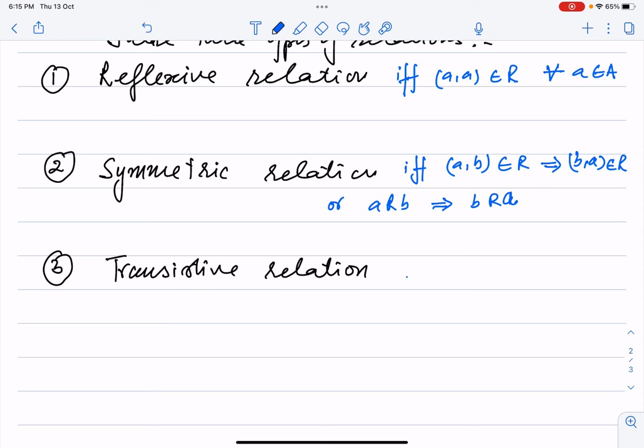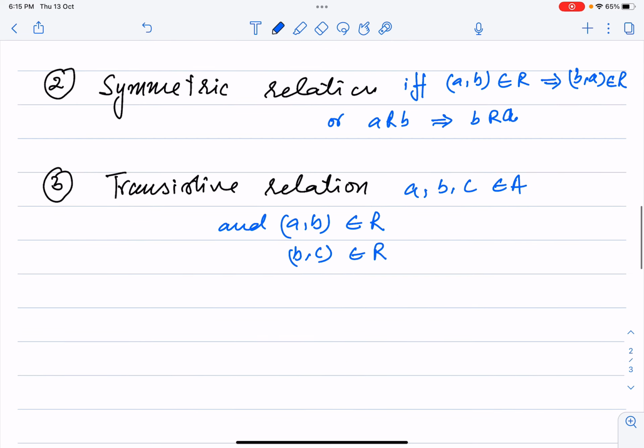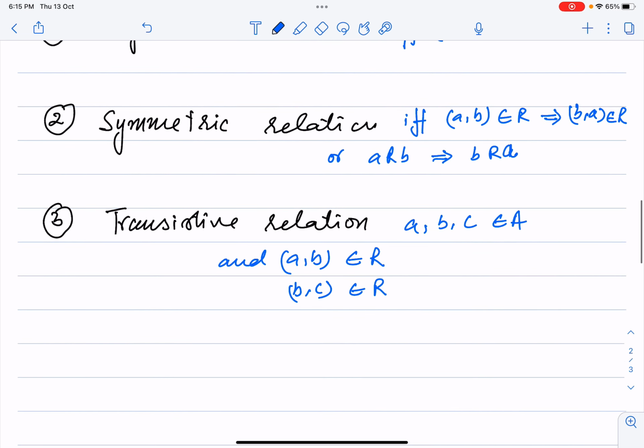Suppose a, b, c belong to A, and (a, b) belongs to R, and (b, c) belongs to R. R means a relation.